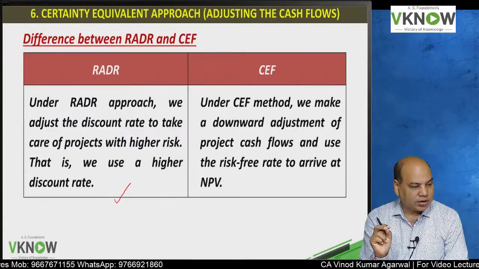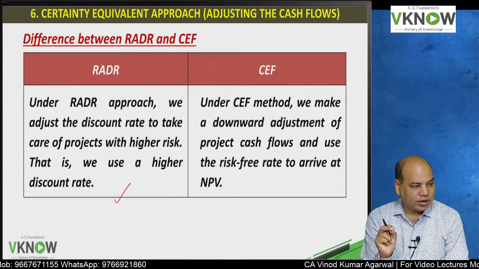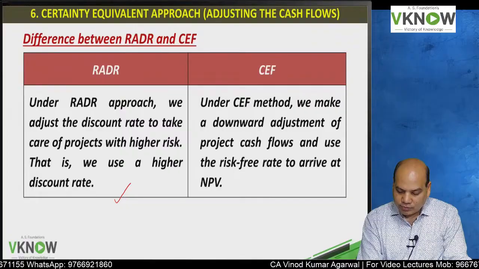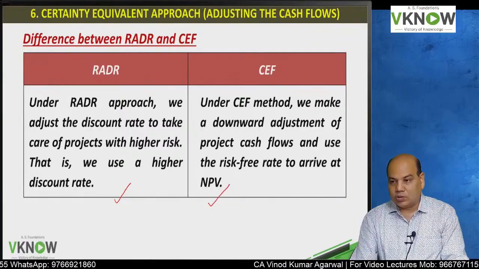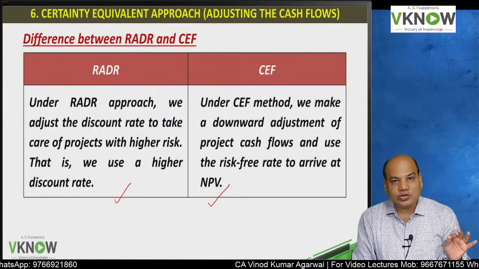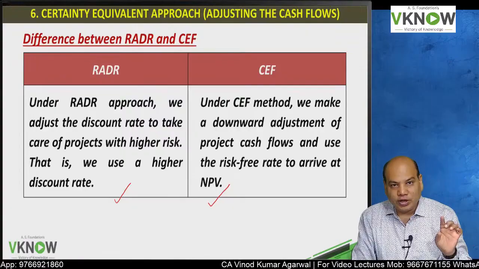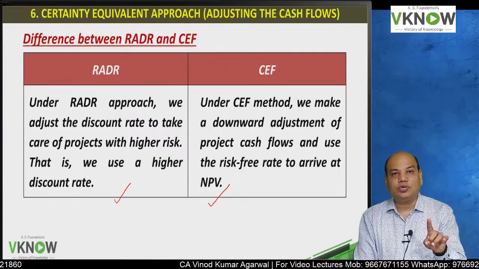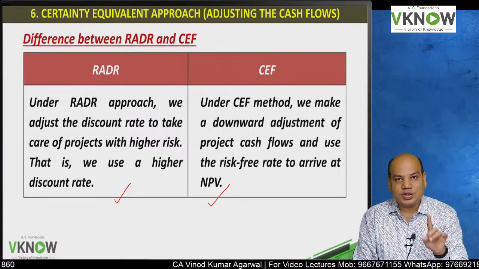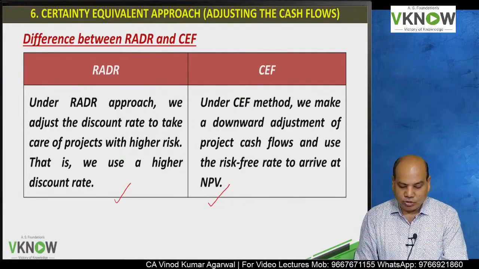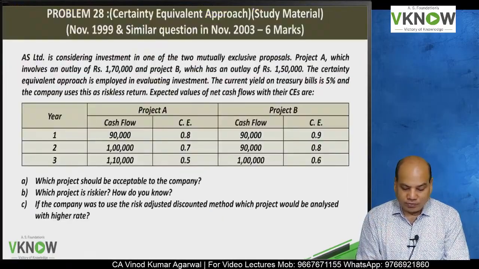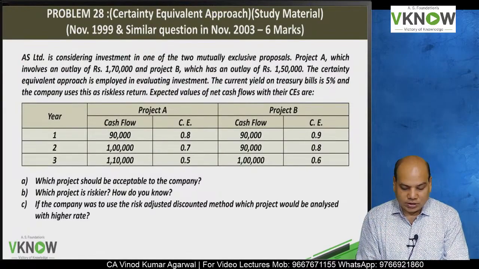Higher the risk, higher the discount rate, lower the risk, lower the discount rate. Whereas in certainty equivalent approach, we adjust the cash flow. We convert risky cash flow into risk-free cash flow, and then we use risk-free rate to arrive at NPV. So that is the main difference between RADR and CEF.